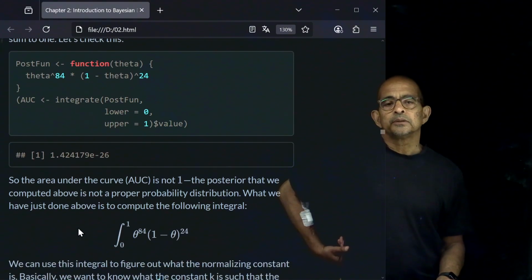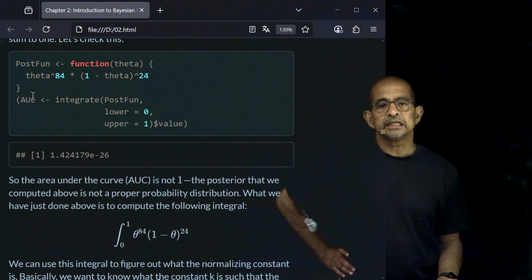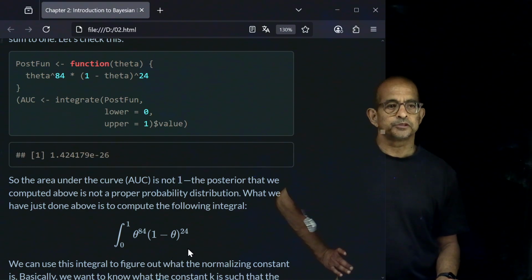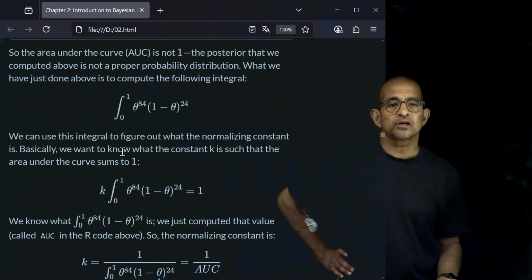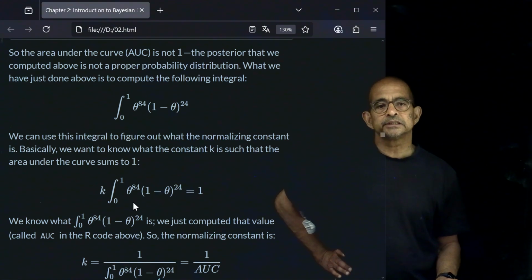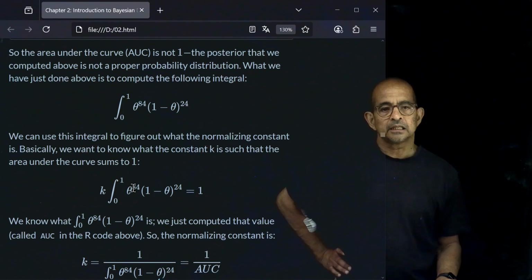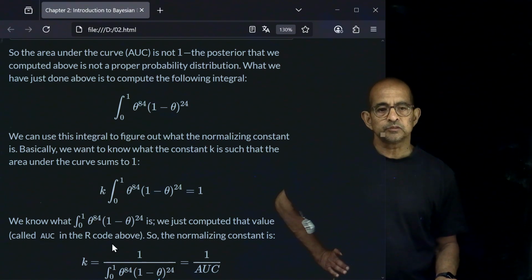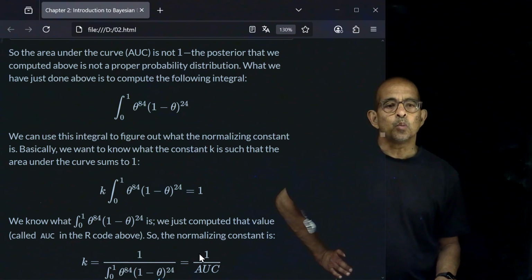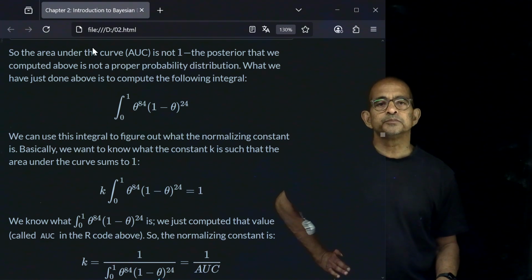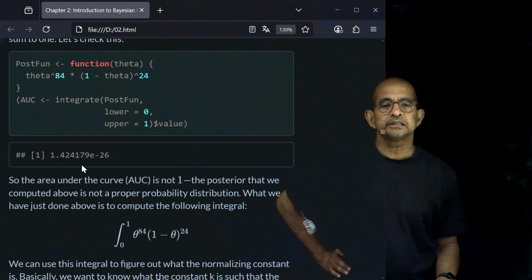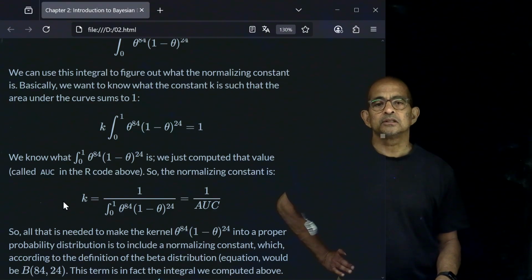This integration that I'm doing here is literally calculating this integral from 0 to 1, and that's the normalizing constant. Because if you think about this equation from chapter 1, there is some normalizing constant for this equation, and I can compute it by dividing both sides by this integral, which is what I've done here. So 1 over the area under the curve that I just computed gives me the normalizing constant, right?